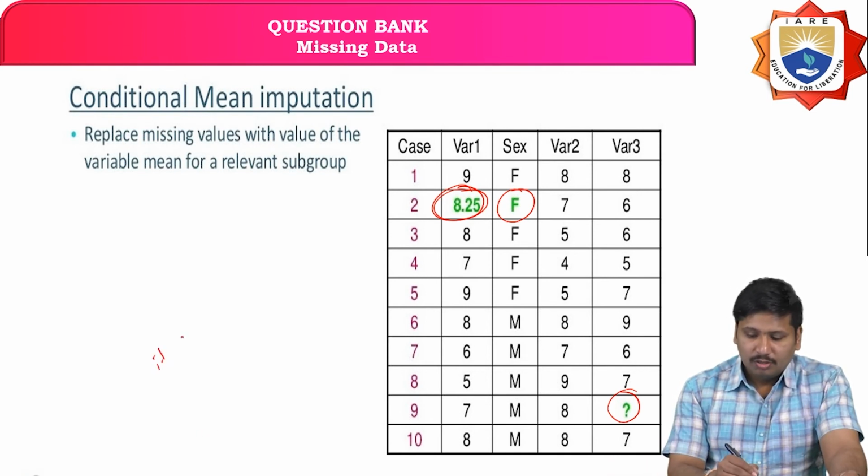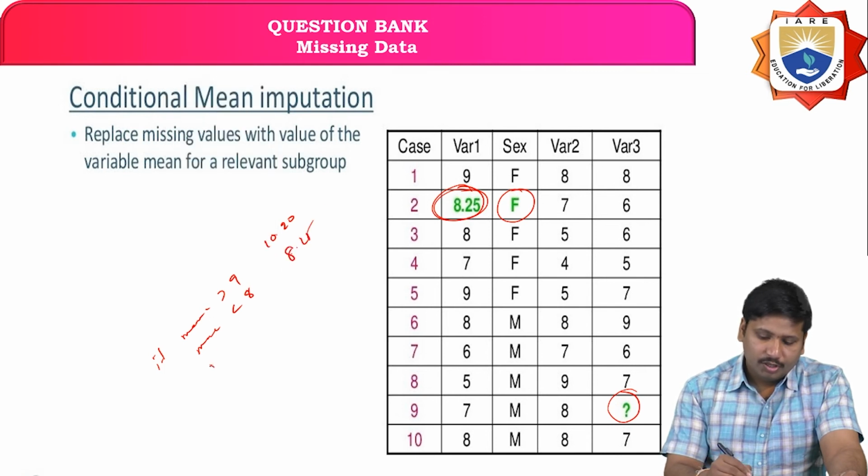If the mean is greater than 9, replace with 10.20, and if the mean is less than 8, replace with 8.25, and if the mean is less than 7, replace with 7.29.